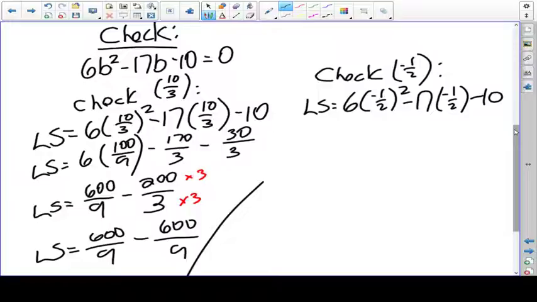And we have to work with this. Number's going to be a little bit easier to deal with. So we're squaring negative 1/2. That gives us a quarter. If we're multiplying negative 17 by negative 1/2, we're going to get positive 17/2.